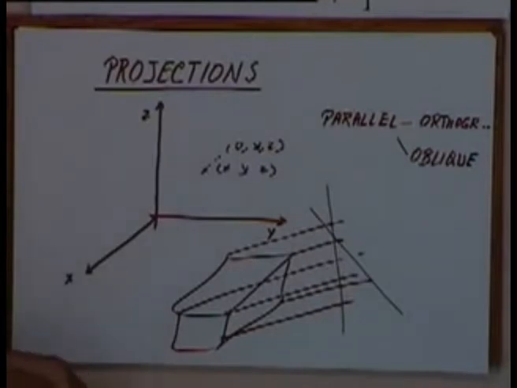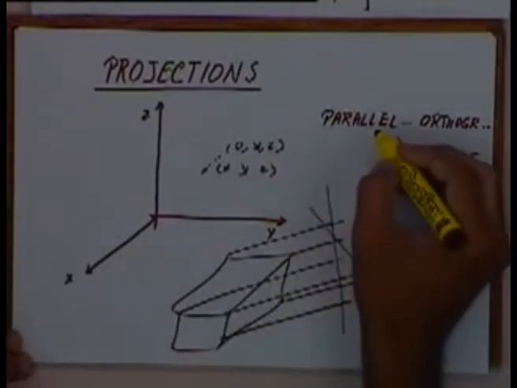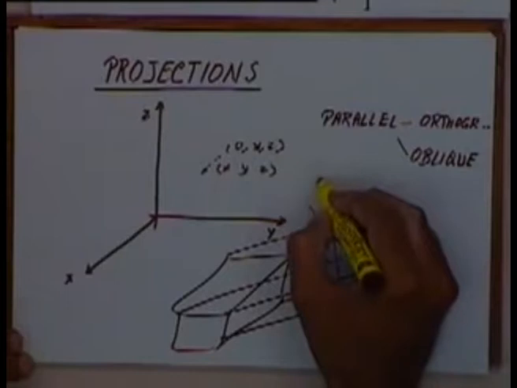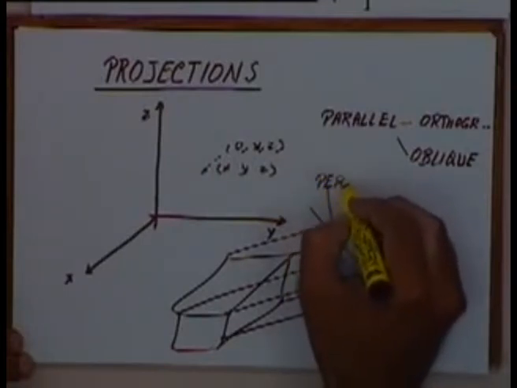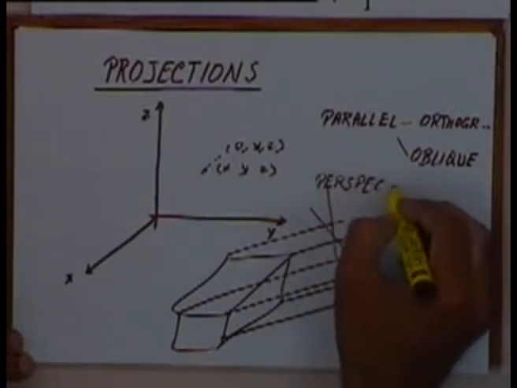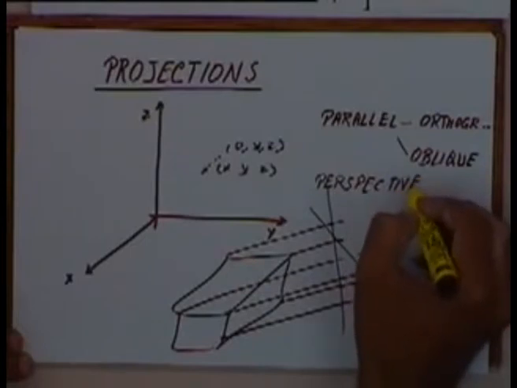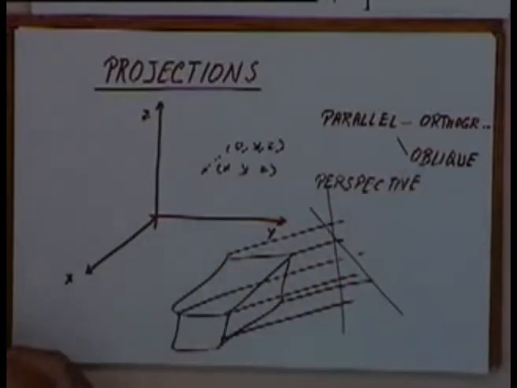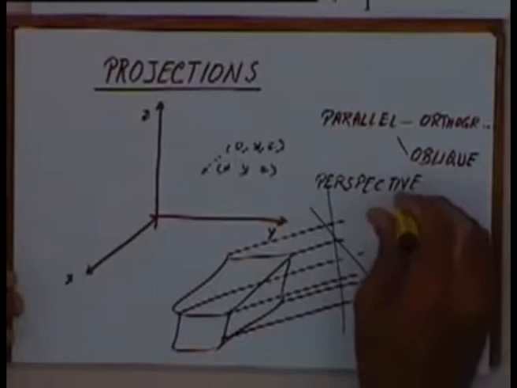In contrast to parallel, we have another kind of projection which is called the perspective projection. In a perspective projection, the observer is at a finite distance, so the projecting lines are not parallel.